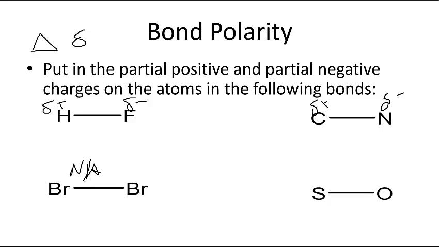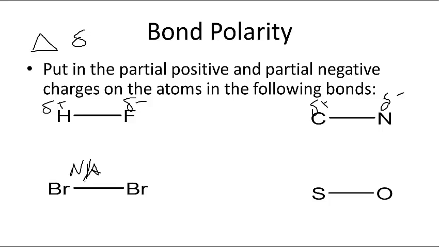Those electrons are being pulled equally. They're both pretty electronegative, and they're equally electronegative. So think of it as a tug of war. If you were doing a tug of war with yourself, it could go on forever, right?